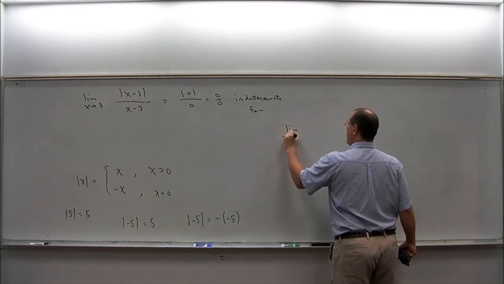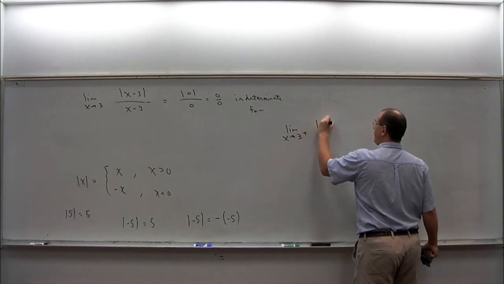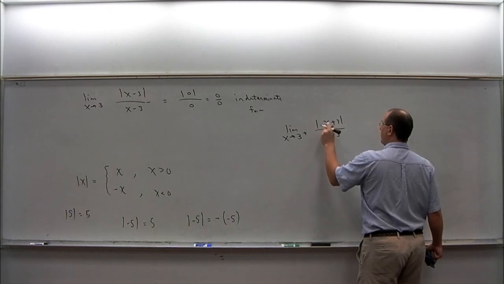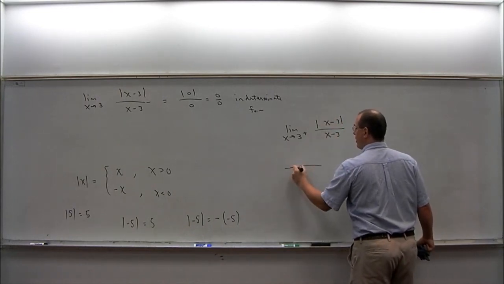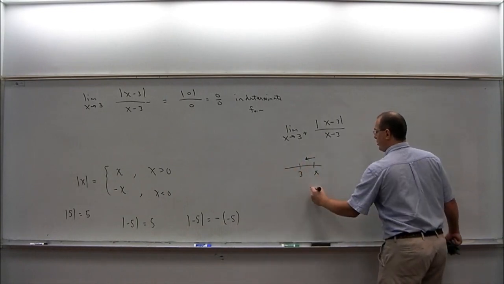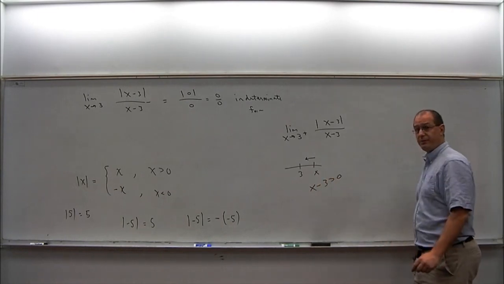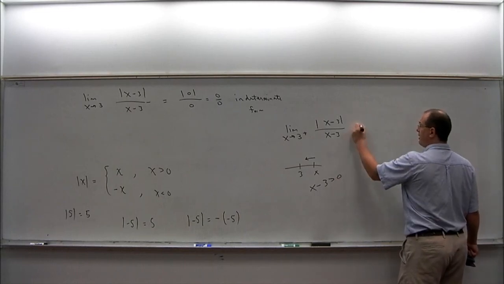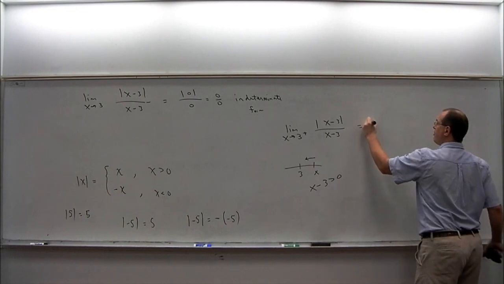First, let's look at the limit as x goes to 3 from the right. That one's a little bit easier, of the absolute value of x minus 3 over x minus 3. So x is going to 3 from the right. So x is bigger than 3, which means x minus 3 is positive. Since x minus 3 is positive, the absolute value of x minus 3 is simply x minus 3.